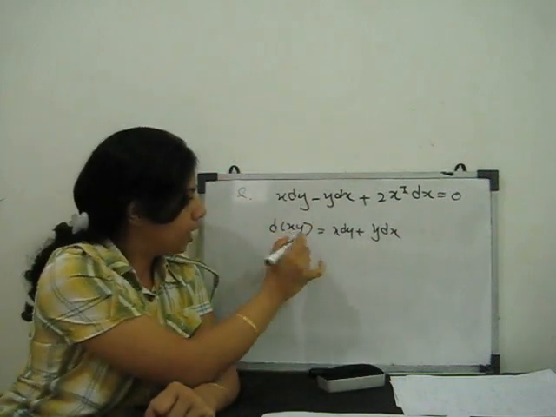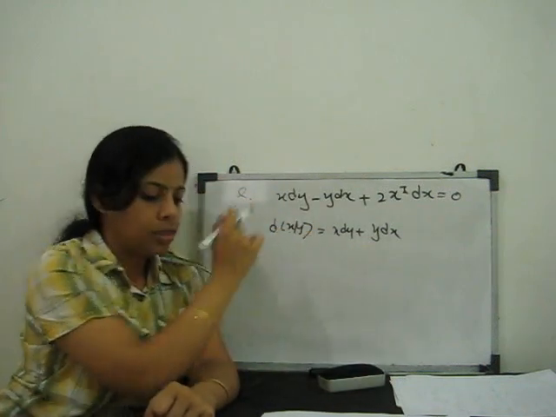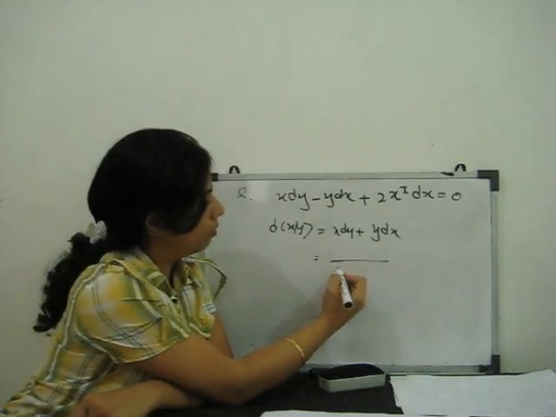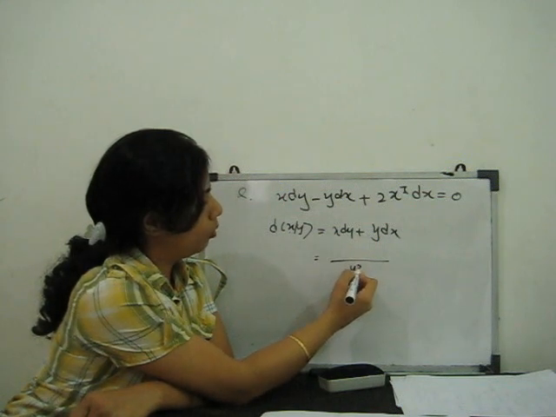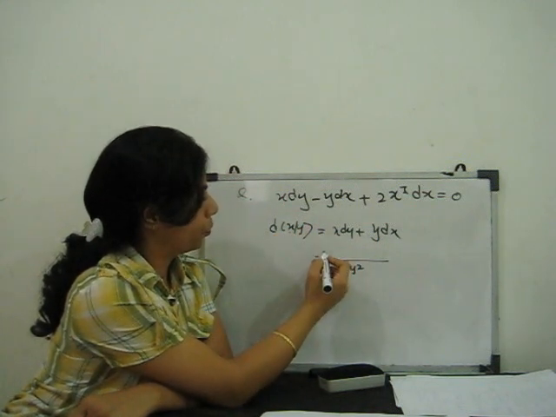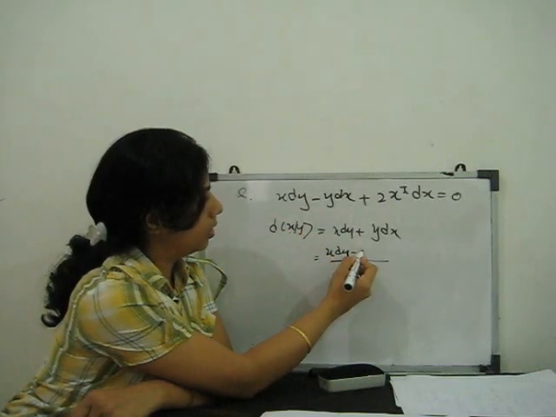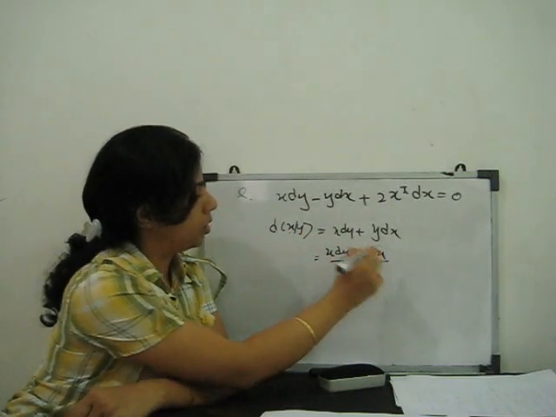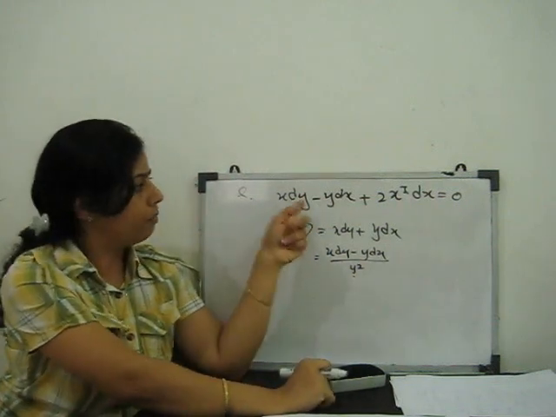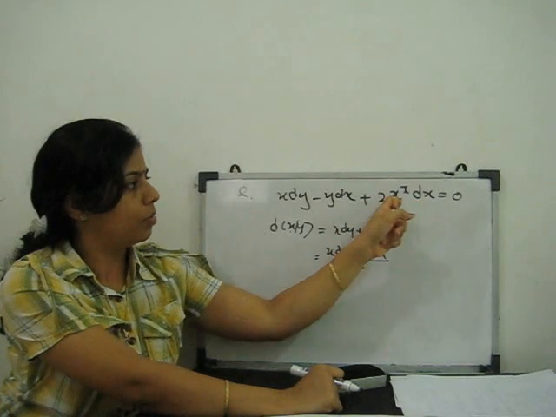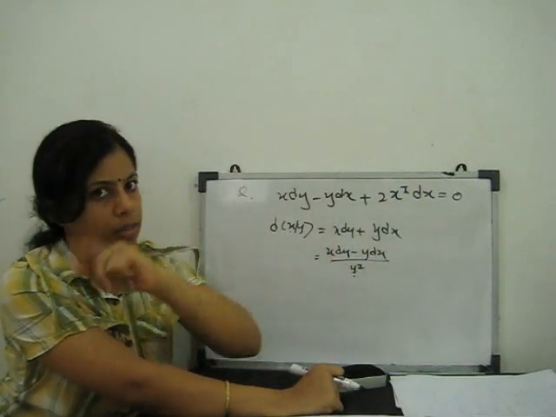So if our term is x by y, then d(x/y) has denominator y², with numerator y dx − x dy. But if we divide by y² here, there is only x in the other term, so we have to divide with x only.